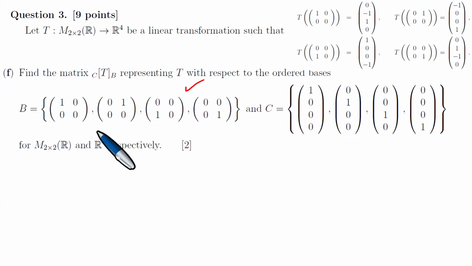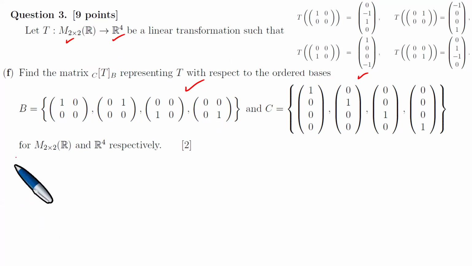So there are two ordered bases, the ordered basis B and the ordered basis C. Ordered basis C is the canonical basis or natural basis of the image and of the codomain. And the basis of the domain space is this one here.